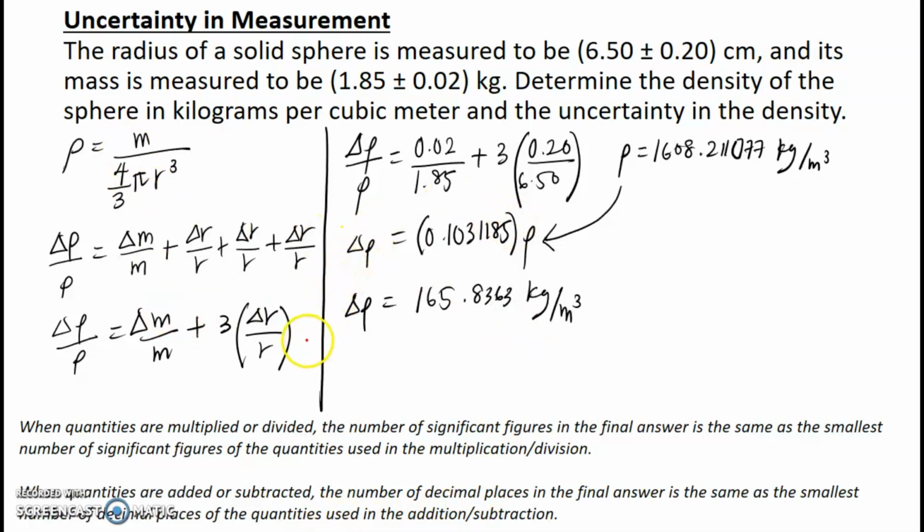The decimal places for the mass is 2 decimal places. And for the radius, it is also 2 decimal places. With that being said, our final answer must also be in 2 decimal places.